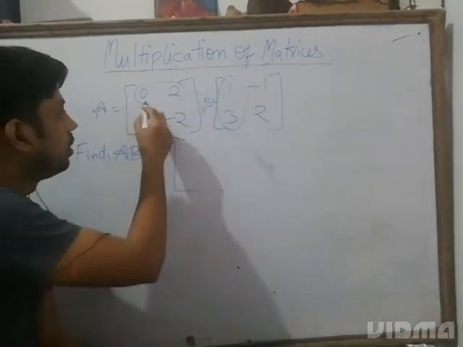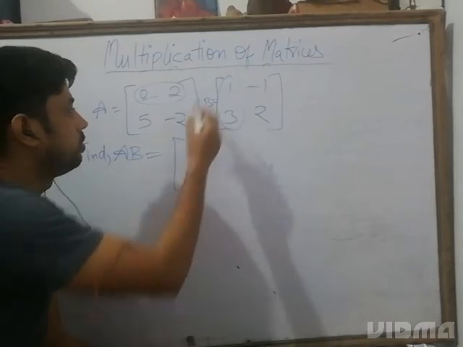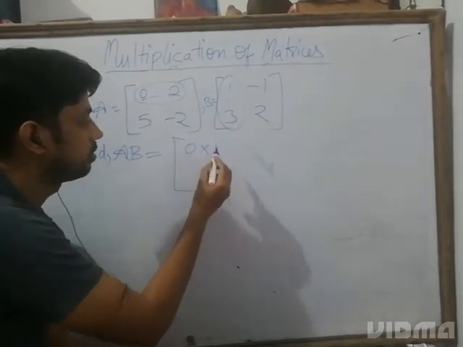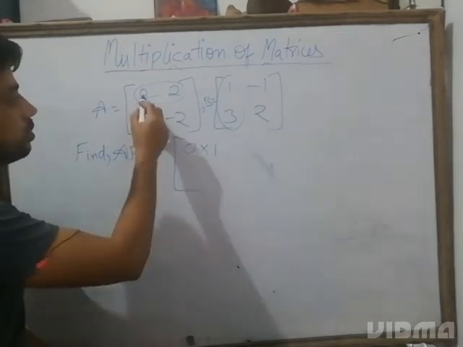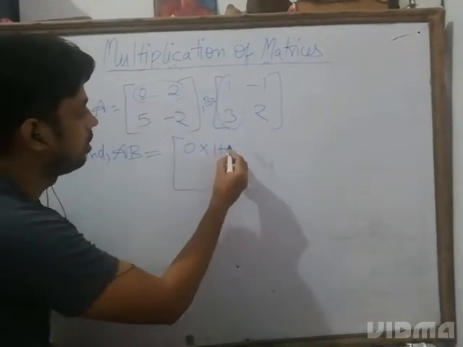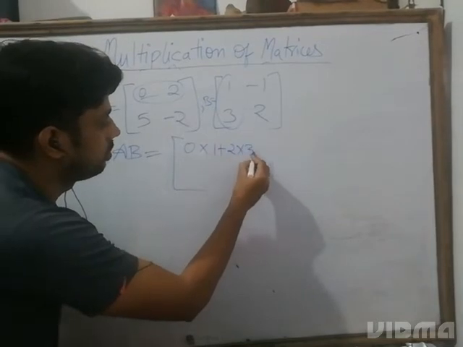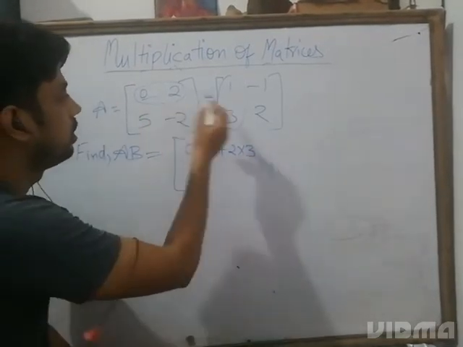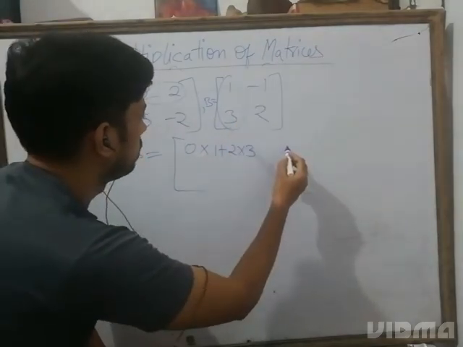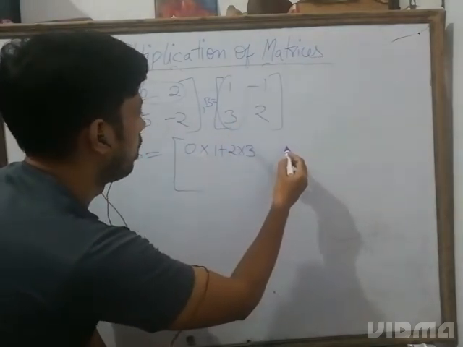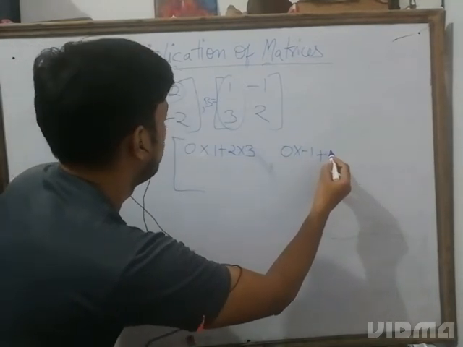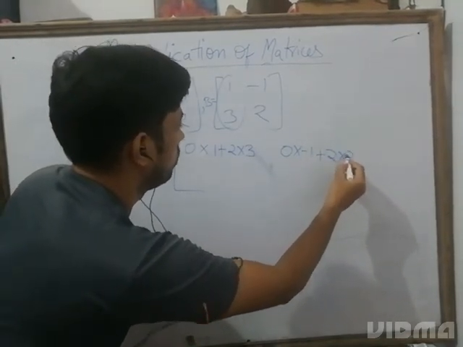Let's multiply: 0 into 1 plus 2 into 3. And 0 into minus 1 plus 2 into 2.